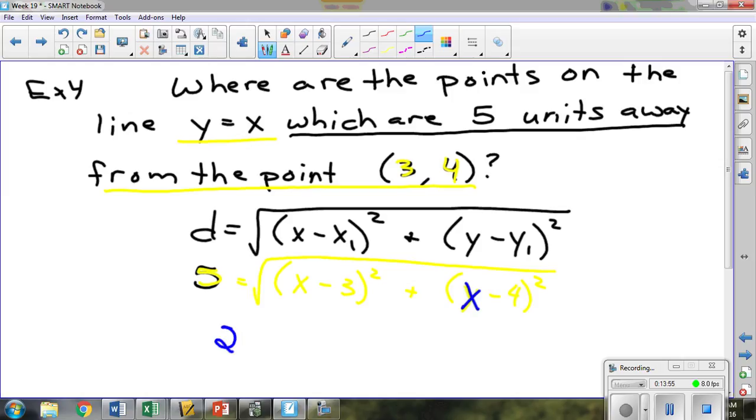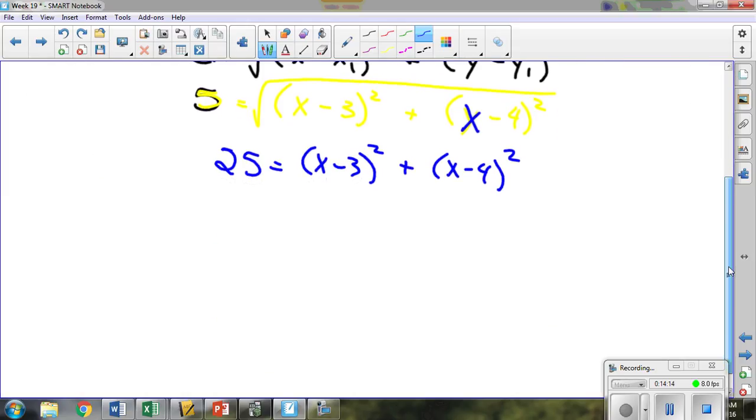Squaring both sides gives us this information. And we can continue this by expanding each one of these. Here we'd have x squared minus 6x plus 9. Expanding the x minus 4 quantity is x squared minus 8x plus 16.